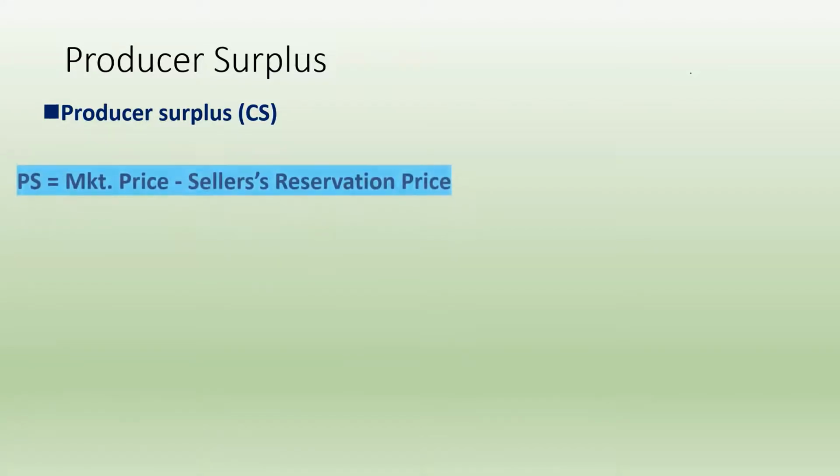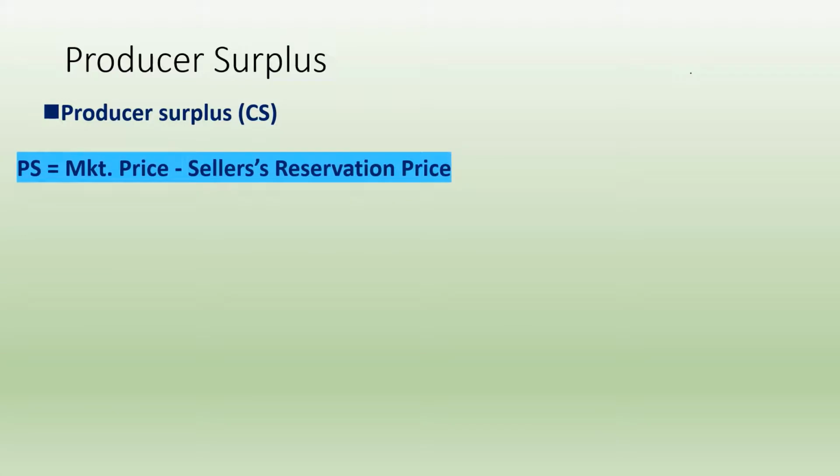In a simpler way, producer surplus is the difference between the market price and the seller's reservation price. The seller's reservation price is the minimum price at which the seller is ready to sell, which is also equal to the marginal cost of producing that additional unit.